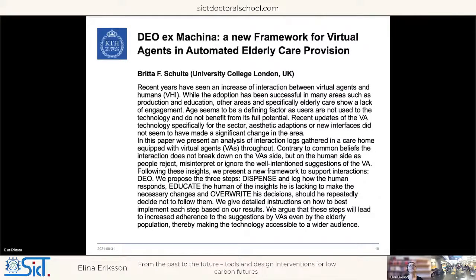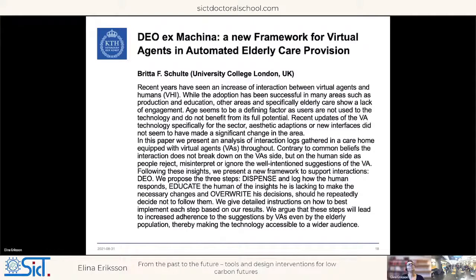While the adoption has been successful in many areas, such as production and education, other areas, and specifically elderly care, show a lack of engagement. Age seems to be a defining factor, as users are not used to the technology and do not benefit from its full potential. Recent updates of the VA technology, specifically for the sector, aesthetic adaptations or new interfaces, did not seem to have made a significant change in the area.